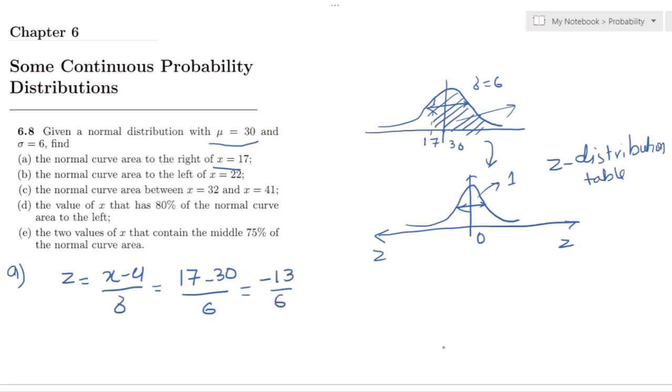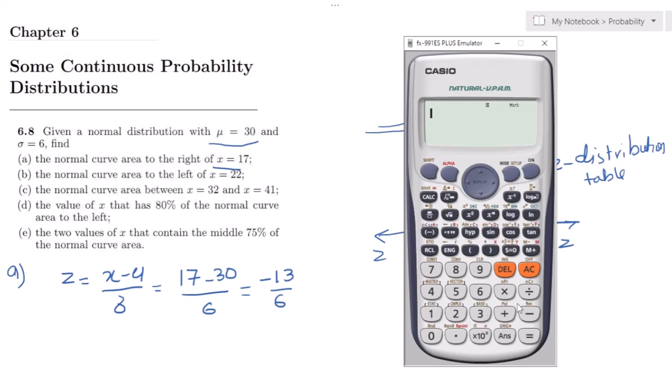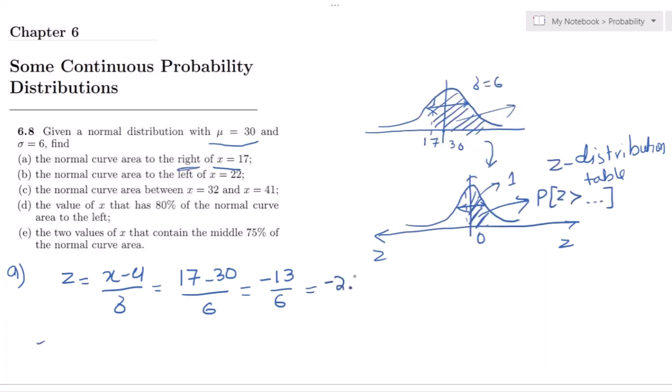Let me calculate it. Minus 13 divided by 6 is minus 2.17.